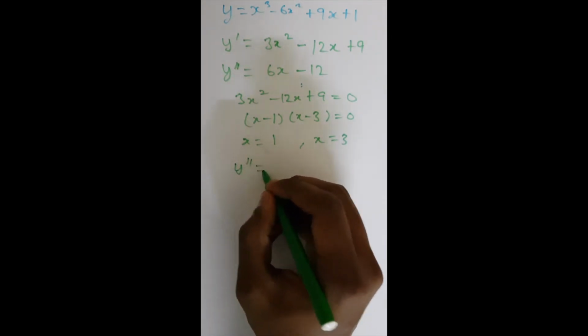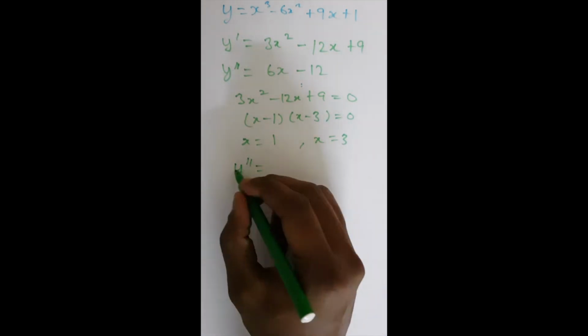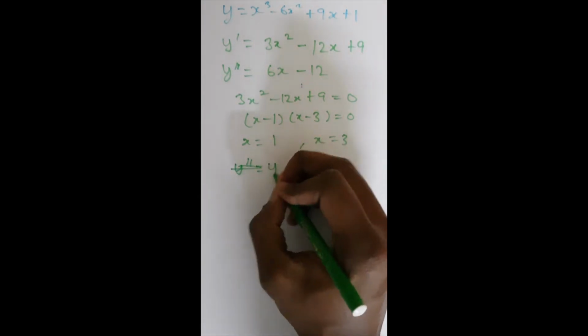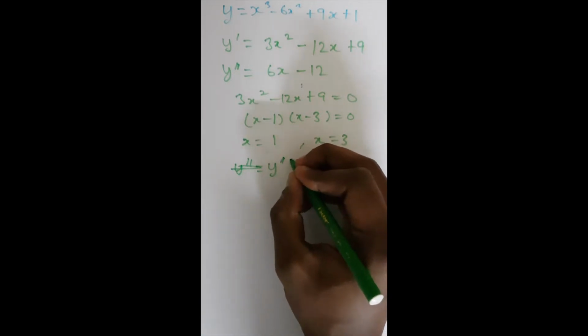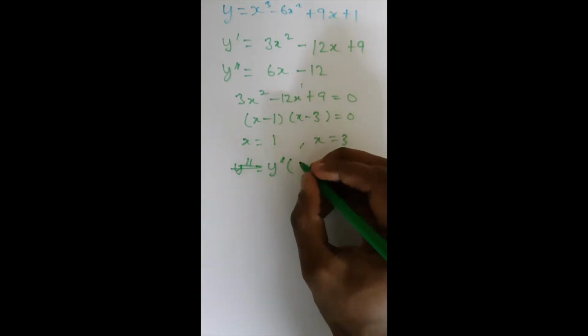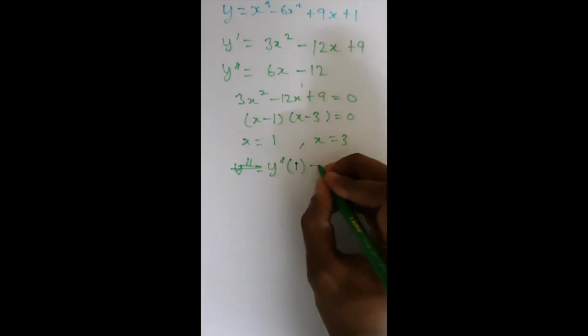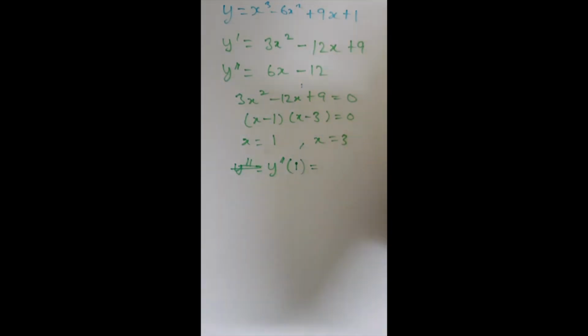Y double prime. I'm going to cut it short. So we do for 1 first. We substitute 1 inside the equation first. So I'm not going to write the equation.